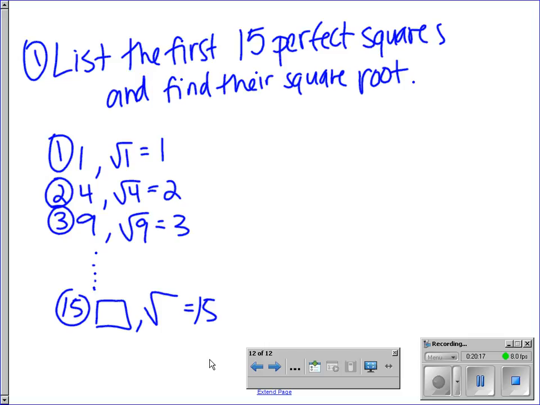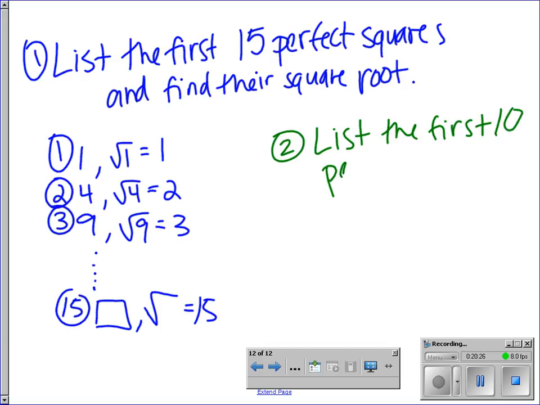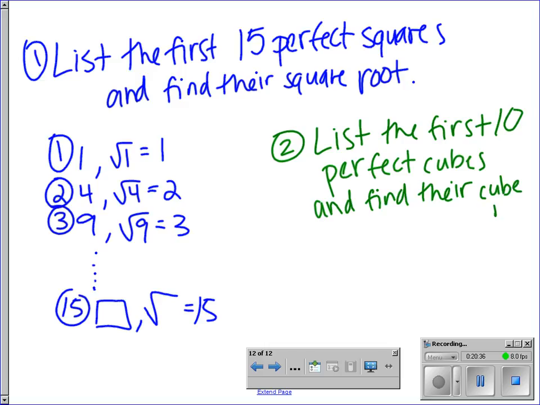The second part of your homework is to list the first 10 perfect cubes and find their cube root. So the first perfect cube is 1. The cube root of 1 is 1.